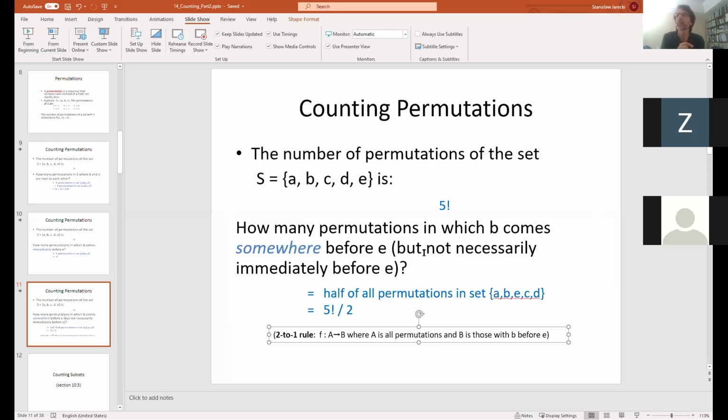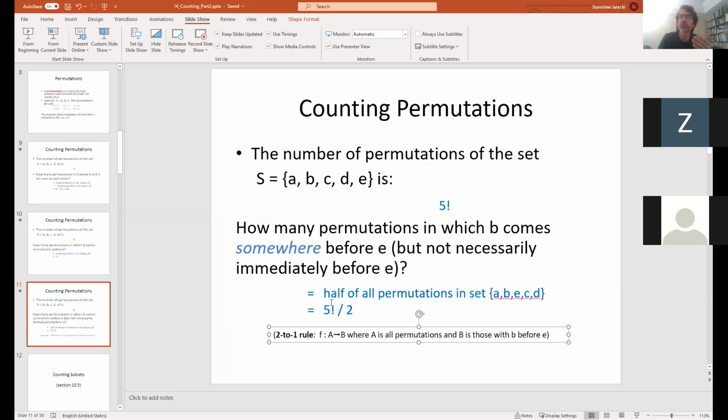They will be mapped to the correct order where B comes before E. So it's a 2-to-1 map. Does it hit everyone in the range? Yes, it does, because it's an identity on this partition. So it's a 2-to-1 map.